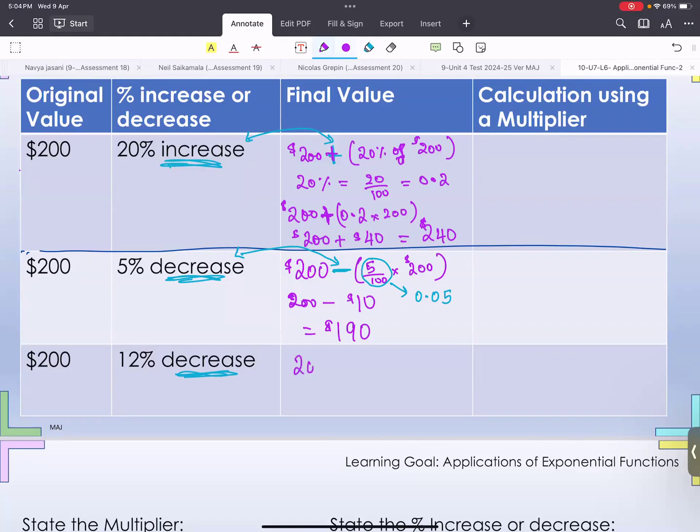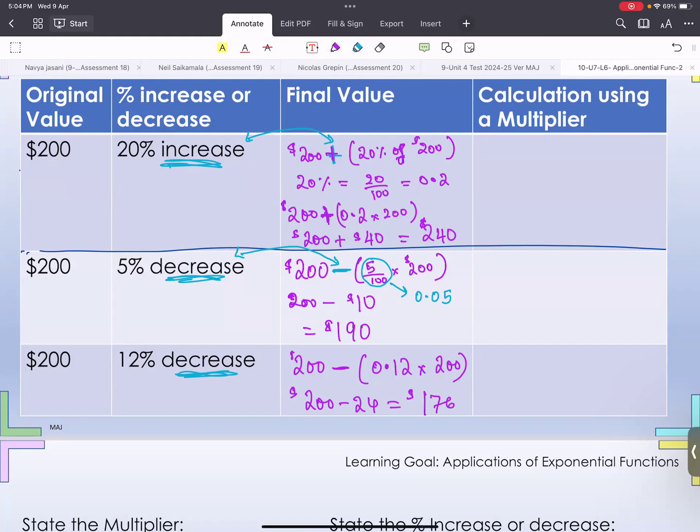So $200 minus 0.12 times 200, and for every $100, it's $12. That means for $200, you're taking out $24. So 200 take away $24, which would be 176, I believe.